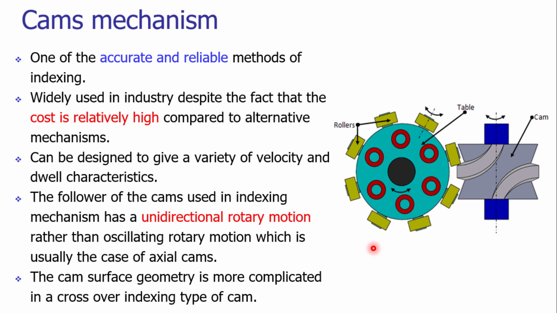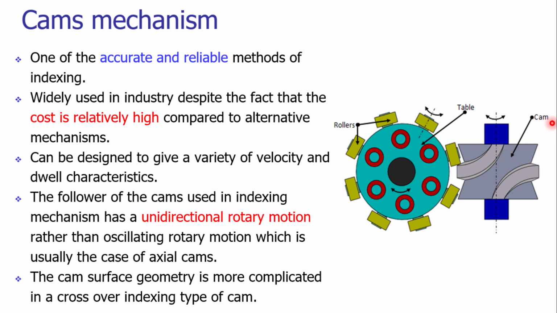On your screen, you can see a table, and on the table various stations are there on which you have to carry out the processing operation. This is the plan of the table. On the periphery of the table, we attach rollers, and these rollers are engaged to a cam.